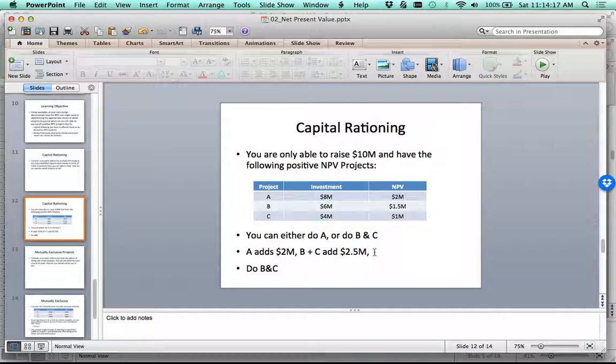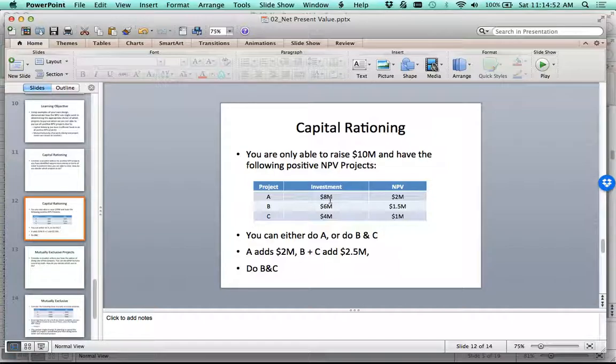There are some who would react to that and say, well, that's not putting this on a fair basis, because you have to spend $10 million to make that $2.5 million, whereas you could make $2 million by only spending $8 million. And to that, what we would say is that your responsibility to the investor, the shareholder, is to give them the most value, not the most return on an investment, if you will.